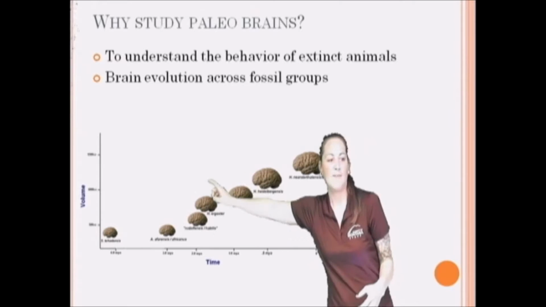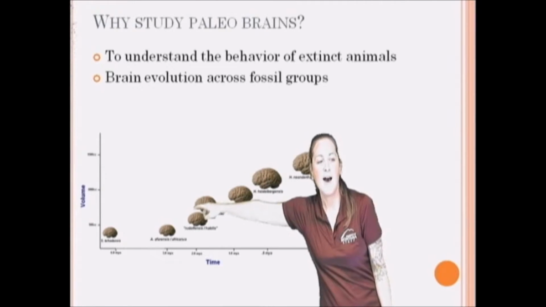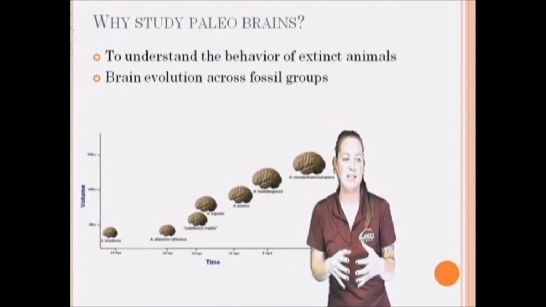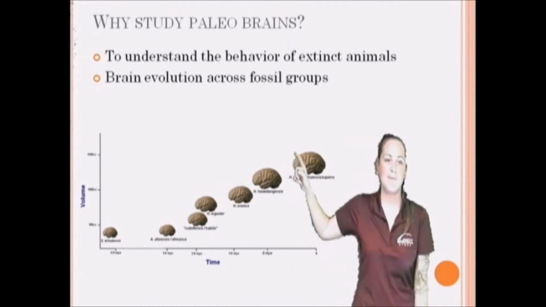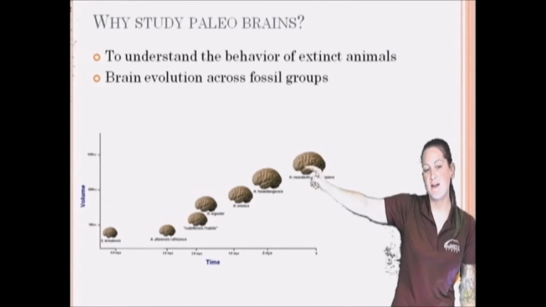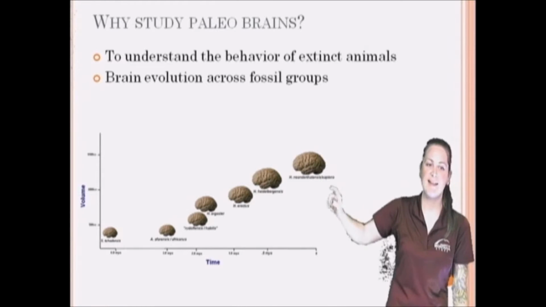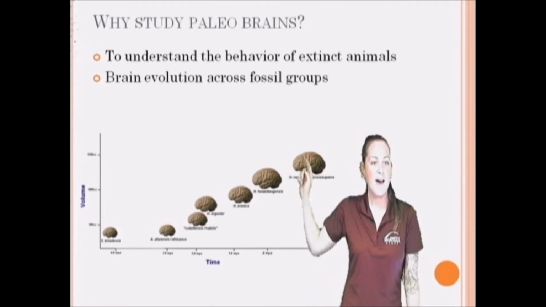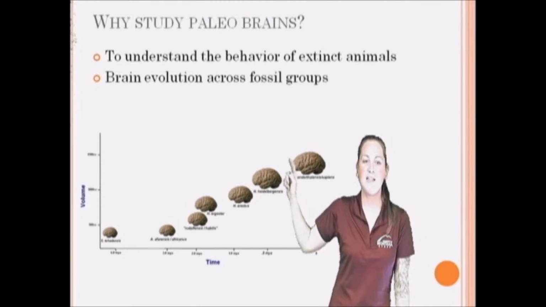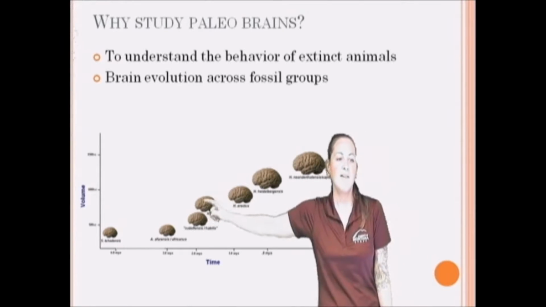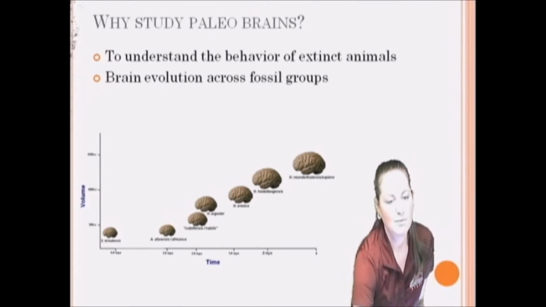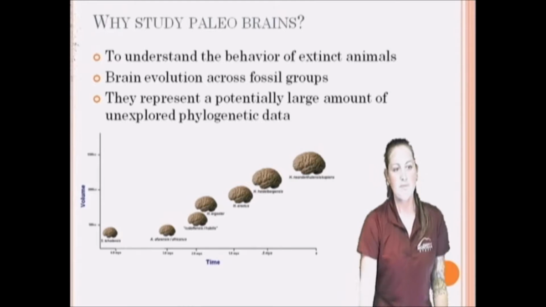From the very, very early hominid about 6 million years ago, just under 500 cc's of volume, all the way up to us Homo sapiens and the now extinct Neanderthal, upwards of 1,500 cc's. So we can look at the evolution across fossil groups just by looking at their brain.